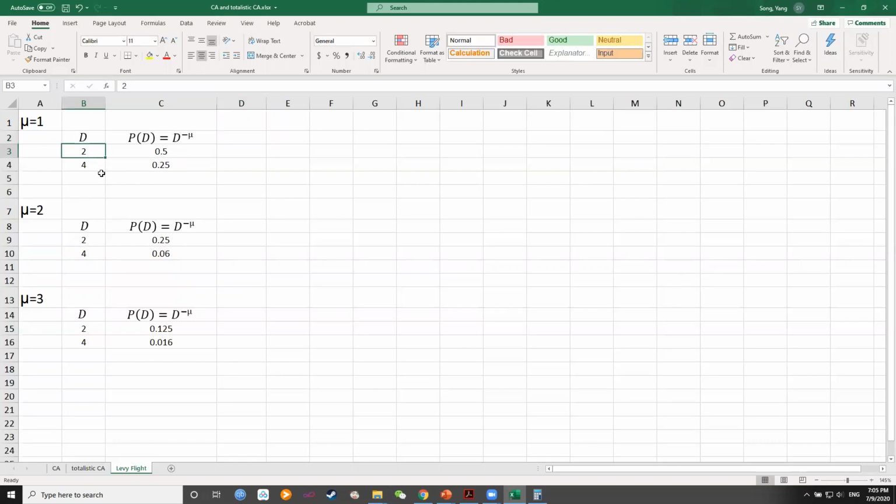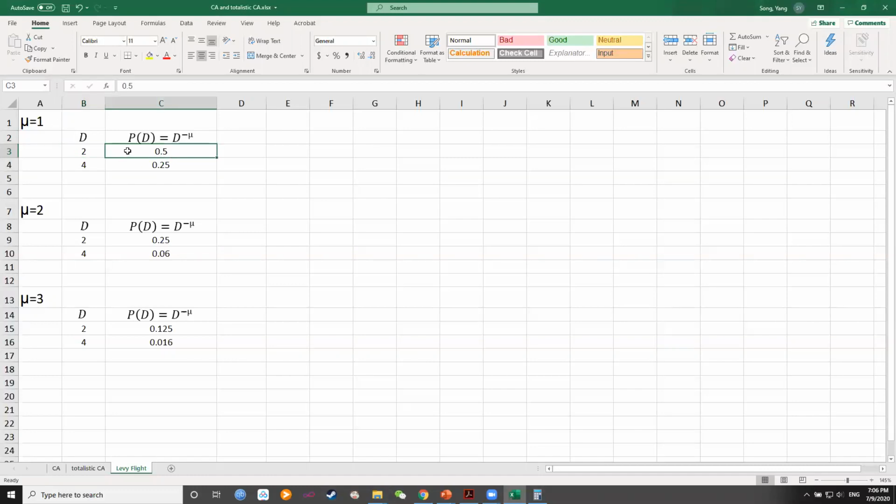So if the d is 2, which is a shorter distance, right? And mu is 1. What's the value of PD? It's 0.5, right? Because d is 2, mu is 1. P should be equal to the reciprocal of d, because the power is minus 1, right?